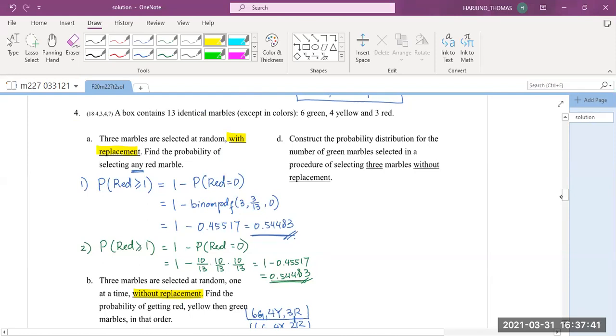Okay. Part D, construct the probability distribution for the number of green marbles selected in a procedure of selecting 3 marbles without replacement. So let X be the number of green marbles selected. We need to construct the probability distribution, so we need to get the table.